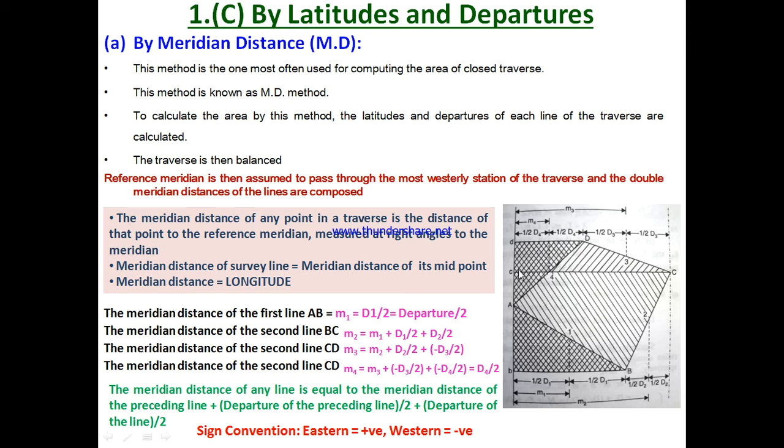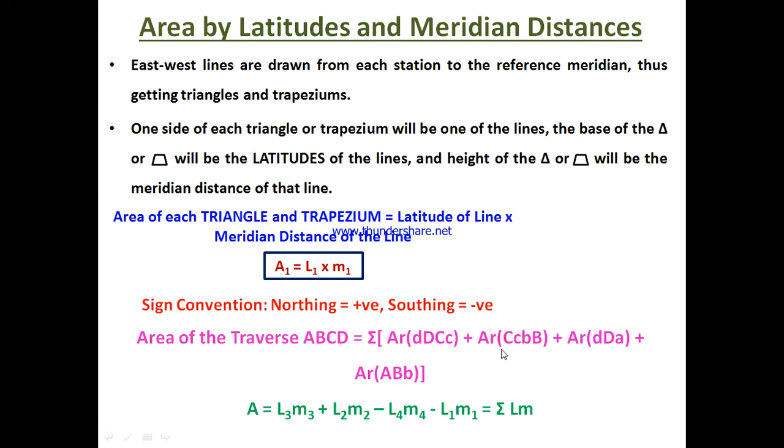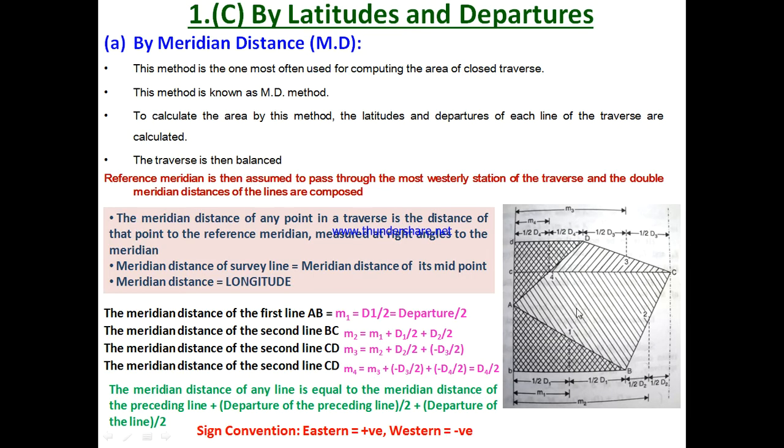In a similar manner, for this figure CCBB, the values we are considering are L4, M4. But now you can see for this particular case, the value of L4 is taken as negative. Why negative?